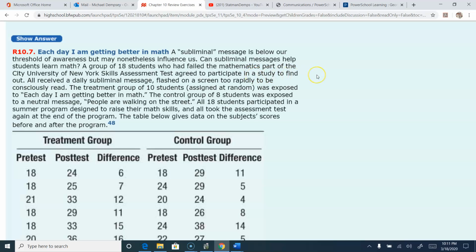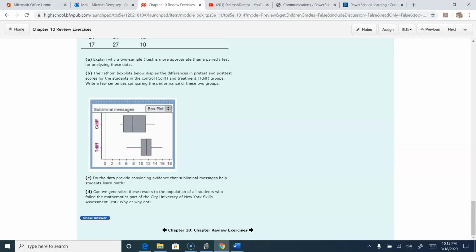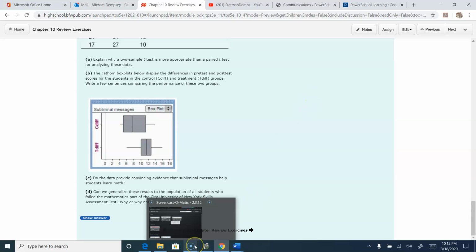So that's where we diverge. We didn't take a random sample of people that failed. Right? We got 18 students who agreed to participate. Which could make it hard, and like I said before, I think this is a bigger issue than a condition for normality. Making sure that we have a representative sample. This might not be representative of that whole population because they weren't randomly selected.